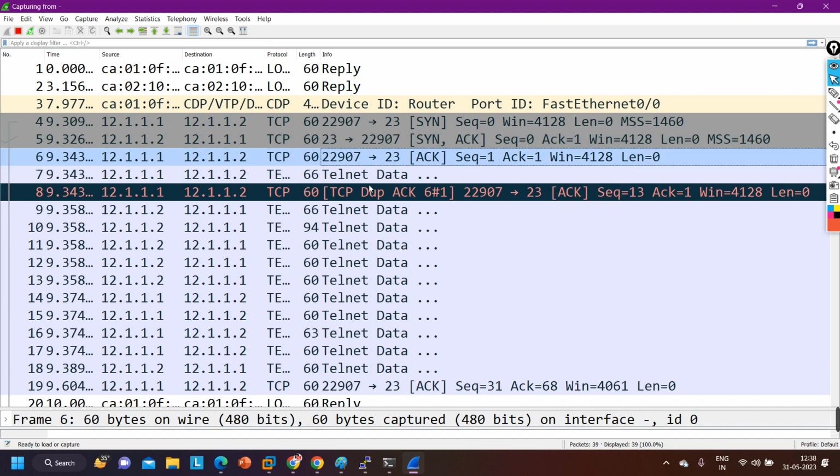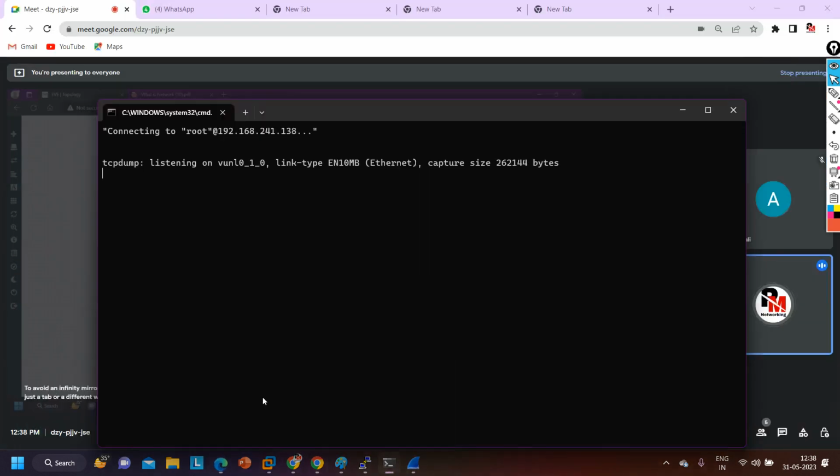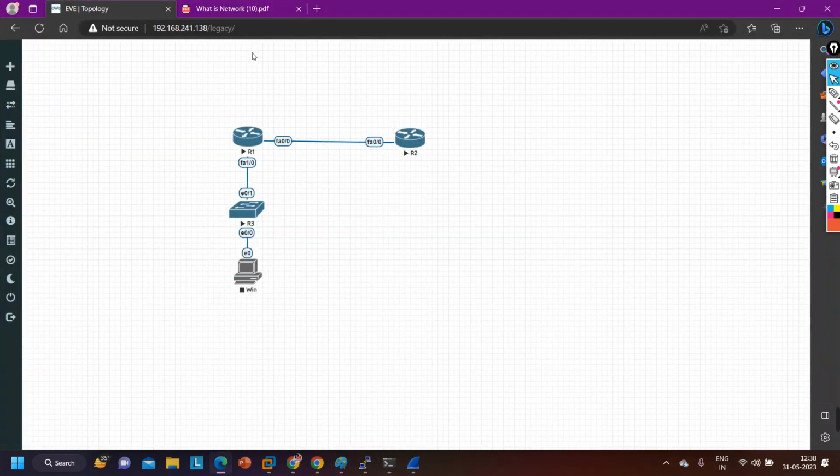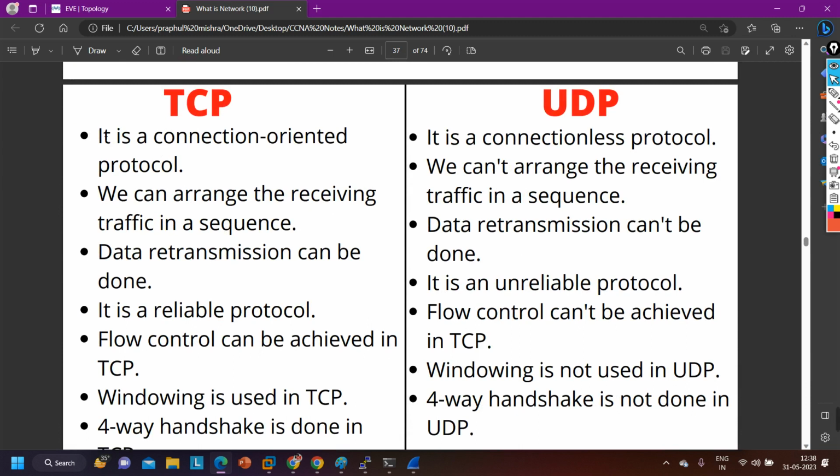Yes. So all TCP based services will first build a logical connection. That's why we said TCP is a connection oriented protocol. Here you can see it is a connection oriented protocol.